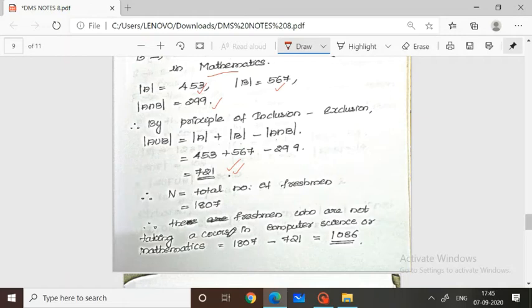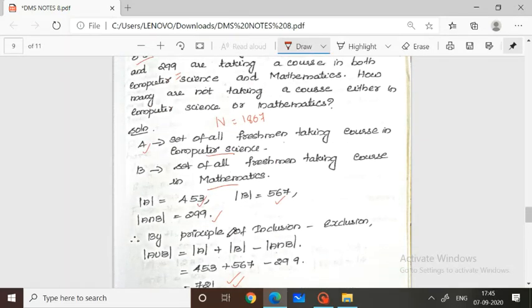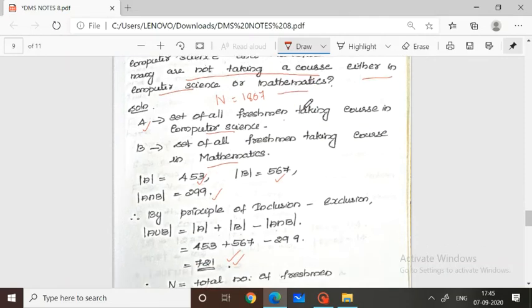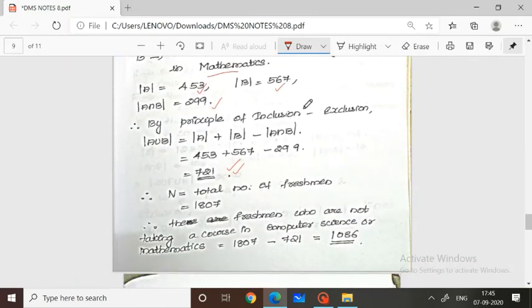Therefore, what is asked here is how many are not taking a course either in computer science or in mathematics. That means the total number of freshmen, 1807, minus the number of persons who are taking either of the subjects, that is either computer science or mathematics.